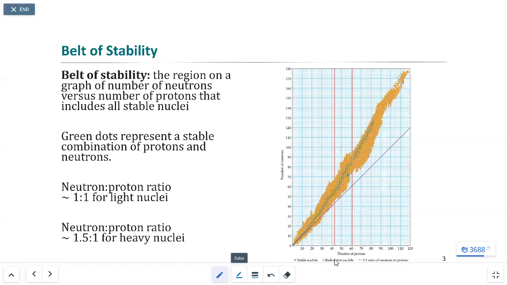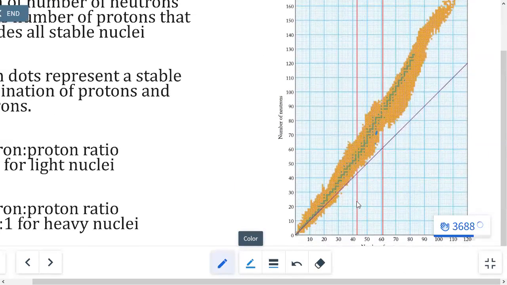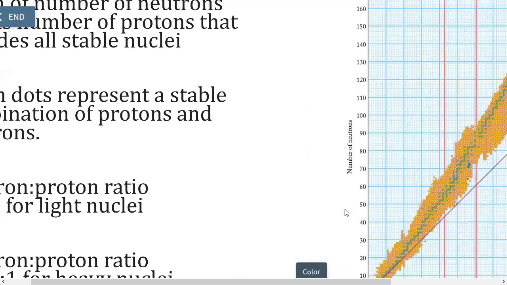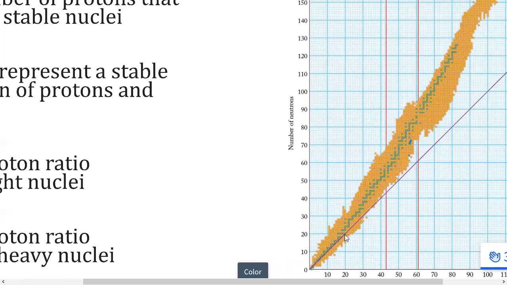And what we can see, if we zoom in on this a little bit, is that for most of the elements that we encounter on a regular basis, elements 1 through 20, most of those elements follow a pretty close to 1-to-1 ratio of protons and neutrons.